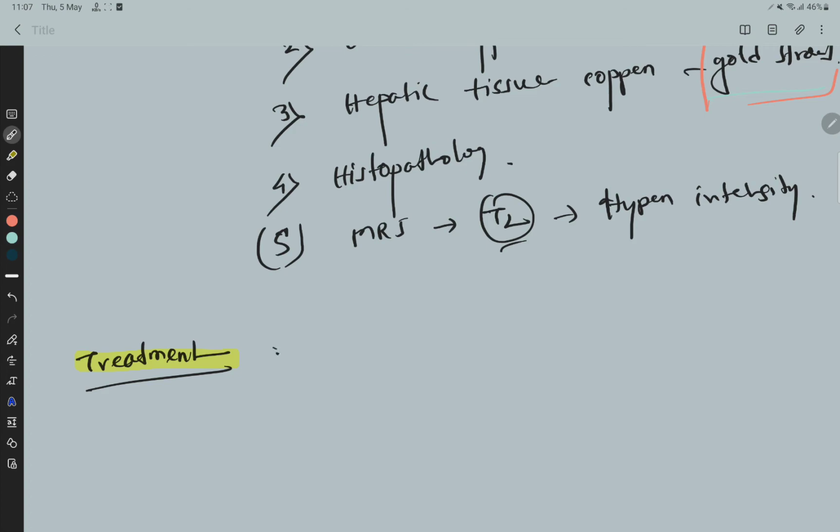In the treatment part, we can give this patient D-penicillamine, the drug of choice. D-penicillamine is a chelating agent. Along with D-penicillamine, pyridoxine can be given.